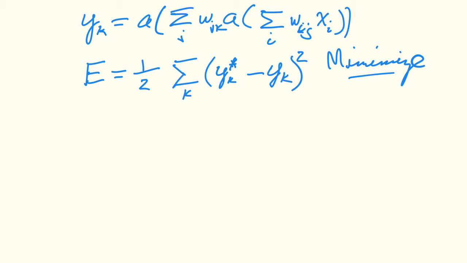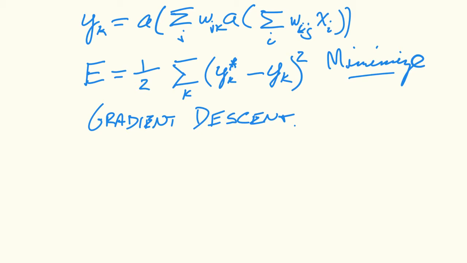Another method is known as gradient descent. And in gradient descent, what we do is we take the derivative of our error function with respect to the weights, and then we move our weights in the direction of the gradient in order to reduce the output of this function and thus minimize it.